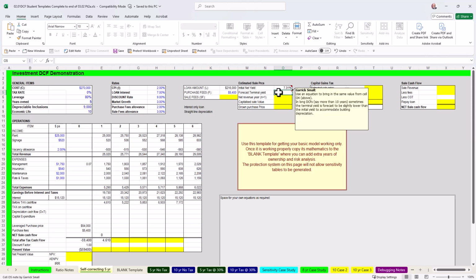And the reason is that the rents tend to remain relatively constant, even though the building's wearing out. Yes, they may not accelerate quite as fast as the market in general, market growth, but the fact that you've got a tenant at all tends to keep a certain base level, if you like.